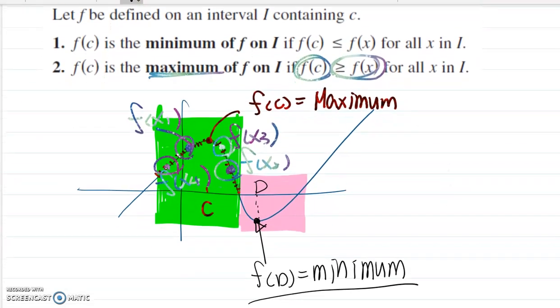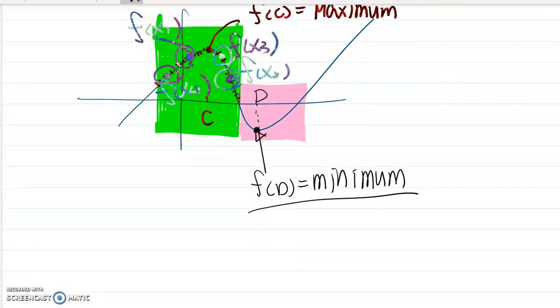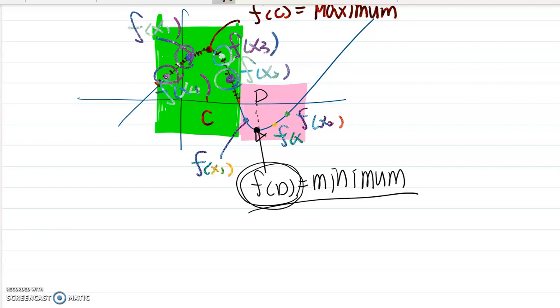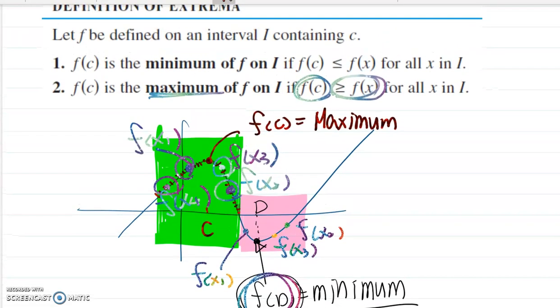On the definition, if it is a minimum, then this f(t) is always smaller than or equal to other f(x) values, right? So similarly, I'm going to put in any f(x) values here, maybe f(x1), f(x2), f(x3). All those values are above this f(t) value, right? Therefore, this concept makes sense. If it is a minimum, then f(c) must be less than or equal to f(x).